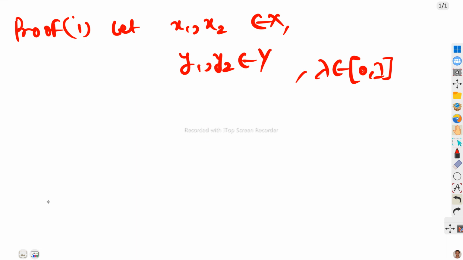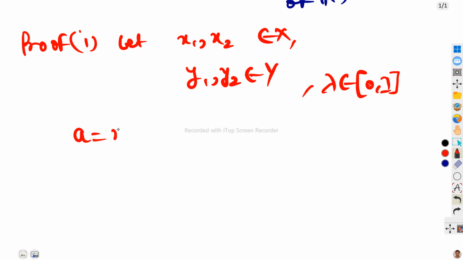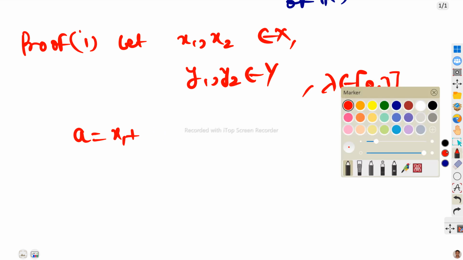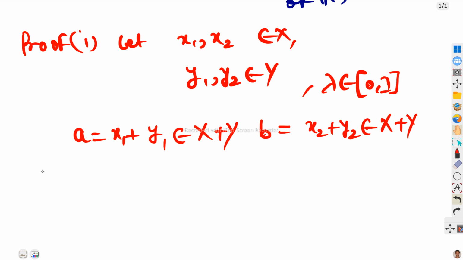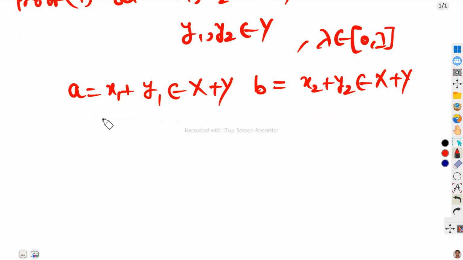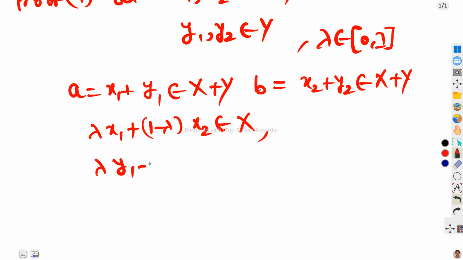So let A equal x1 plus y1, in X plus Y, and B equals x2 plus y2, also in X plus Y. Since X is a convex set, lambda x1 plus 1 minus lambda x2 lies in X, and lambda y1 plus 1 minus lambda y2 lies in Y.